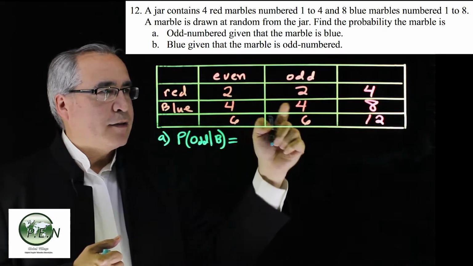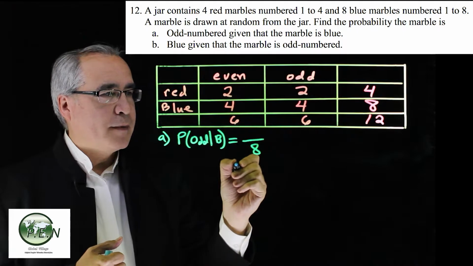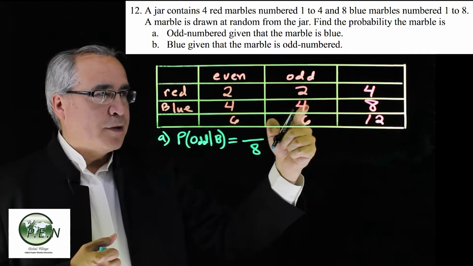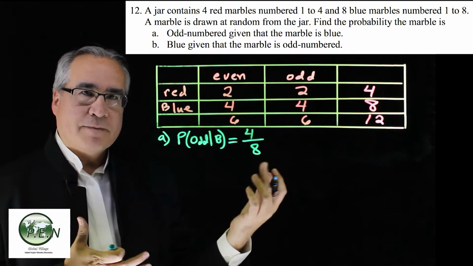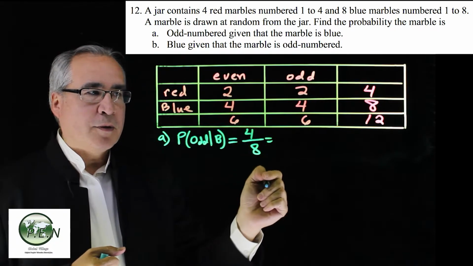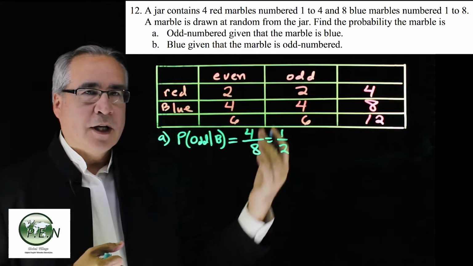So that tells us that we're doing it out of a total of 8 marbles. The odds is what we're looking for, so there are 4 odds in this row, 4 out of 8. There's our probability. Let's reduce that because 4 goes into both of these. 4 goes into 4 once, 4 goes into 8 twice.